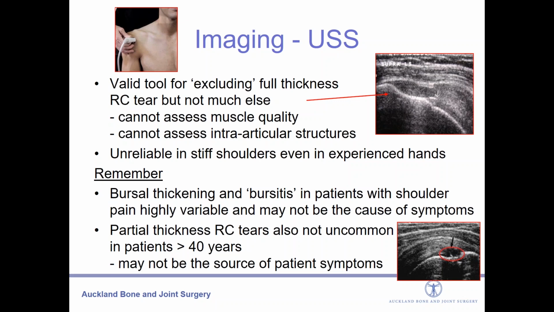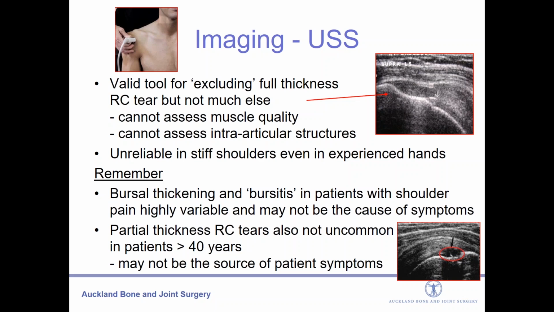So think about the patient, think about what information you're wanting and indeed expecting to find from the ultrasound before ordering it, and then still interpret that in the context of what your history and examination has found. One of the issues we have is that rarely does an ultrasound report say everything's completely normal.